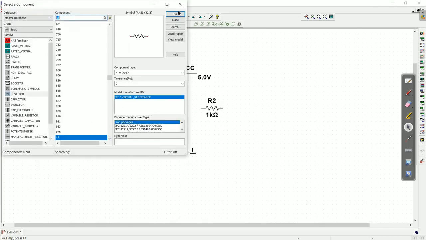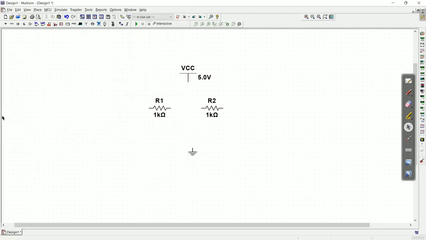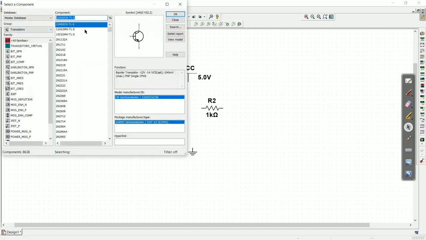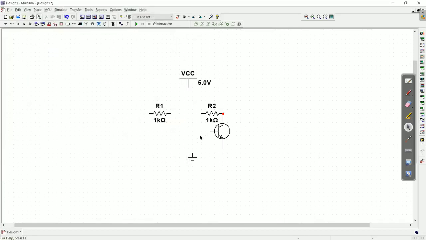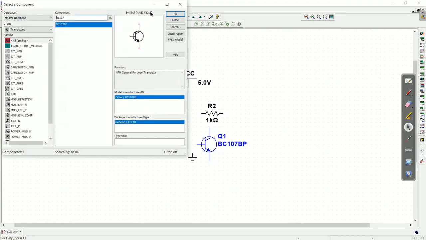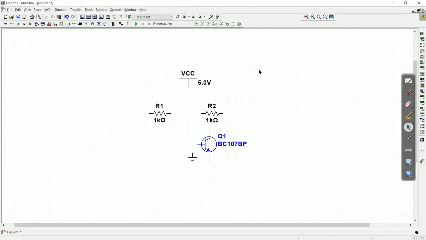We need 2 resistors. Then we need a transistor, under place transistors on the same side. We need the BC107 BJT transistor. Search for it and we will get it. Let's close it.